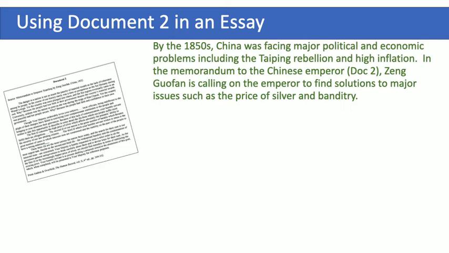In the memorandum to the Chinese emperor, document 2, Zeng Guofan is calling on the emperor to find solutions to major issues such as the price of silver and banditry. So here what I'm doing is I'm introducing the document, I'm bringing in outside information to contextualize the document, and I'm explaining what the document is about. So I'm using my first 2 E's, my example and my explanation.